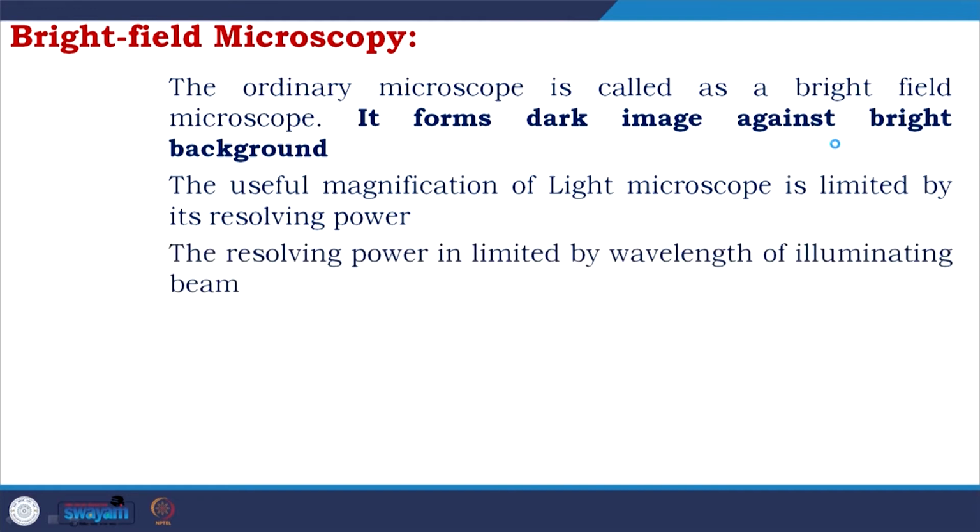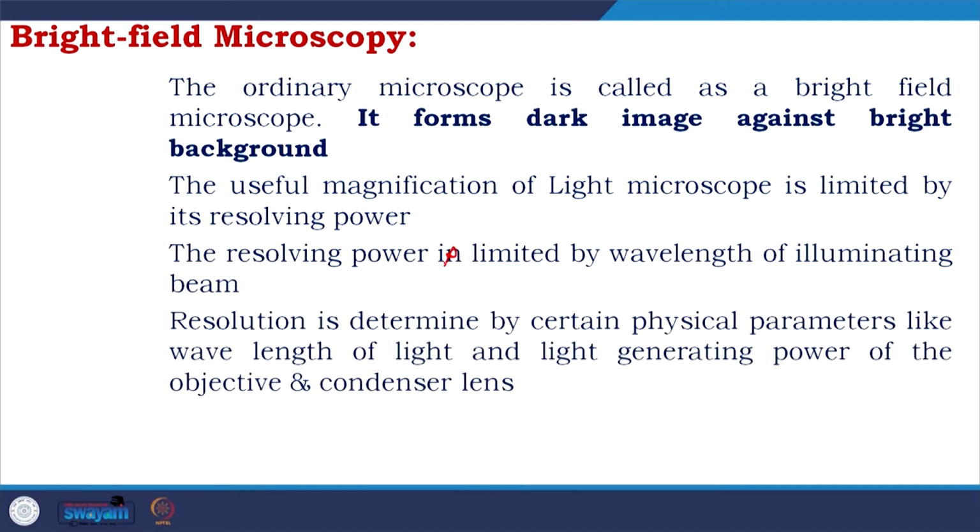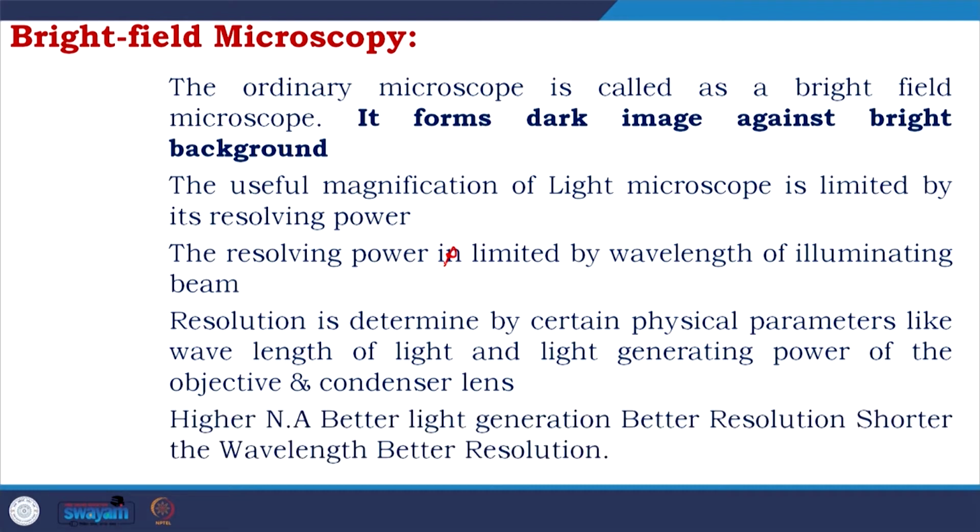The resolving power is limited by the wavelength of the illuminating beam. Resolution is determined by certain physical parameters like wavelength of light and light gathering power of the objective and condenser lenses. Higher numerical aperture, better light gathering, better resolution; shorter the wavelength, better the resolution.